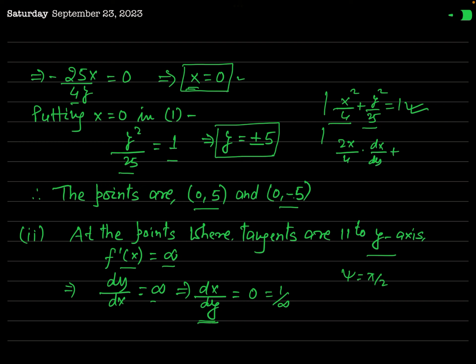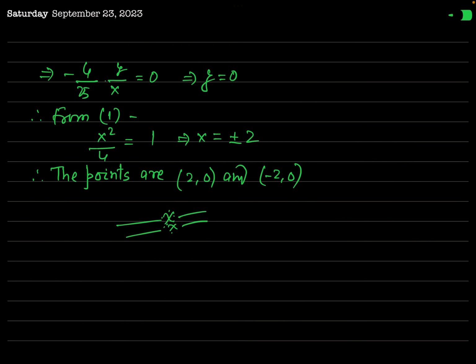Okay, dx by dy, and plus d of y square with respect to y, that will be 2y. So this will be 2y by 25, and that will be equal to 0 because 1 is constant.